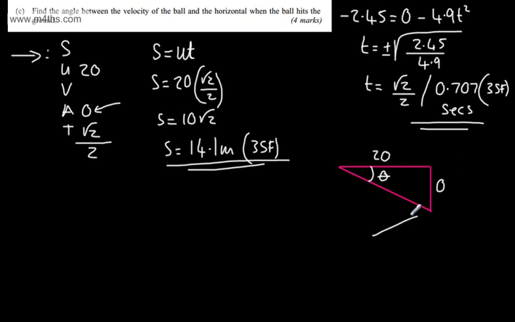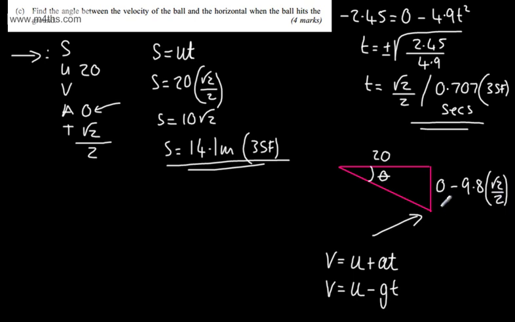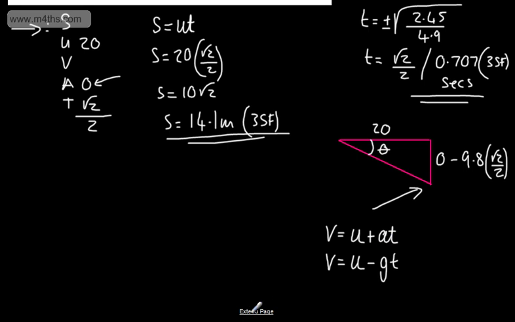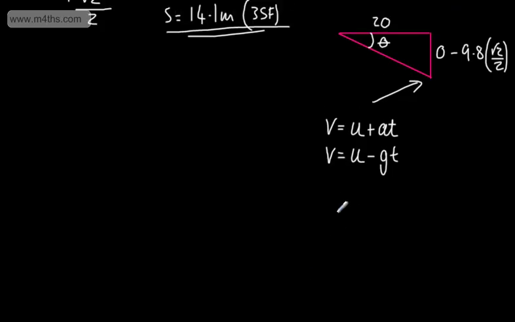So all I'm doing at this stage for the vertical is doing v is equal to u plus at, or if you like, the velocity is equal to u minus gt. So this is going to be 0 minus 9.8 multiplied by t, which is going to give us root 2 over 2. So we can say from here that the angle it makes with the horizontal is going to be the inverse tan of this value right here.